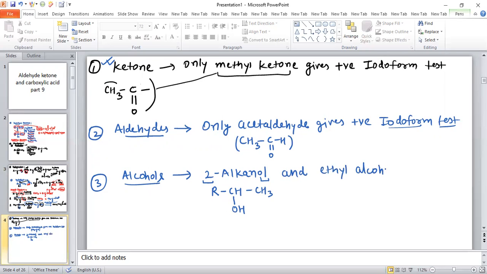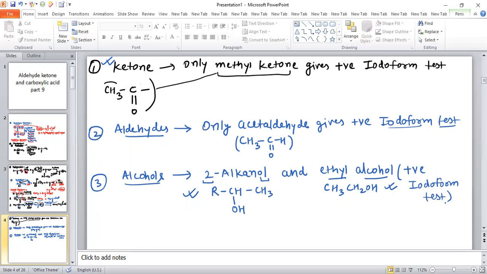What is ethyl alcohol? It is CH3CH2OH. So these compounds will give a positive iodoform test.